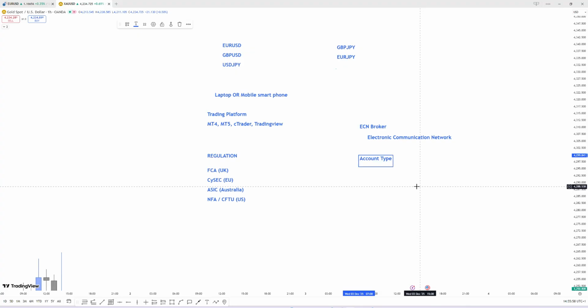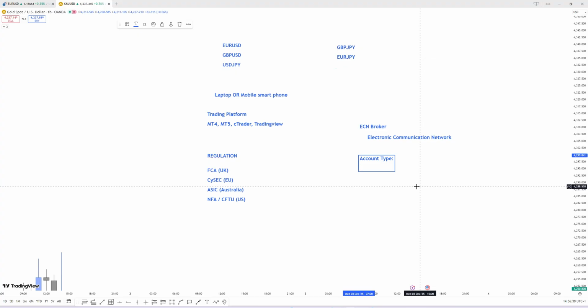So you need a typical account type to start trading forex. Most brokerage firms offer standard accounts and ECN, or you can call it a raw spread account.